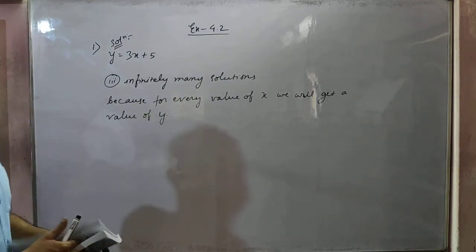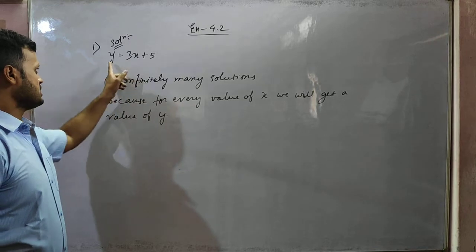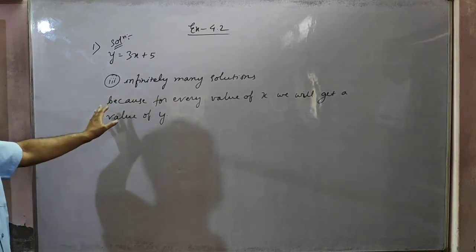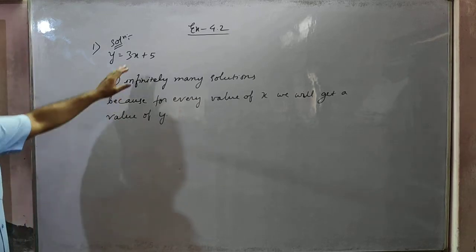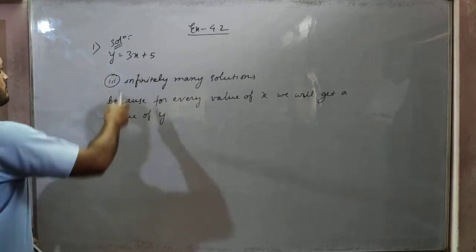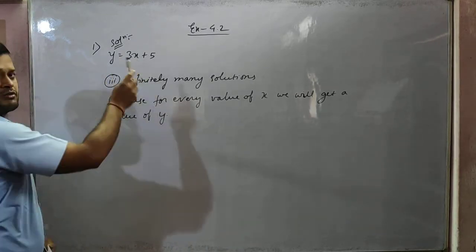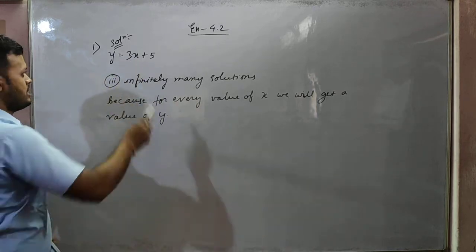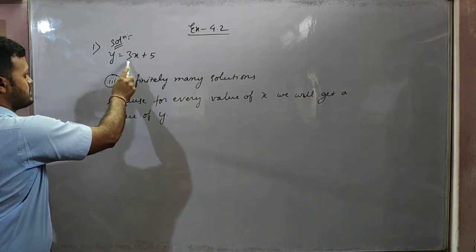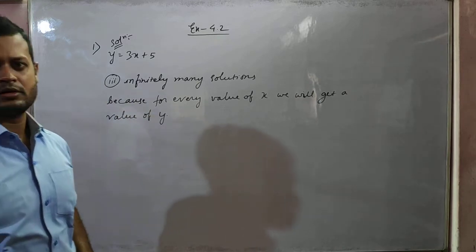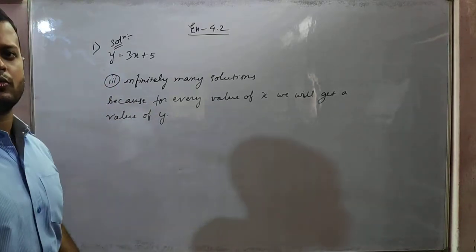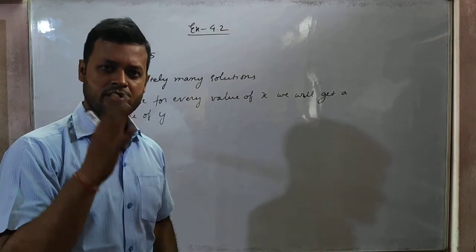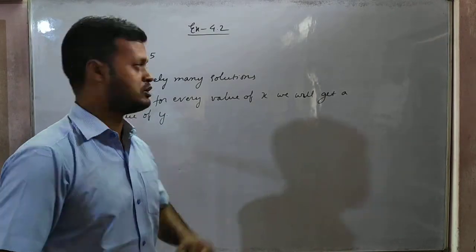So this equation has infinitely many solutions, because for every value of x we will get a value of y. Whatever value of x you put here, if you put 1, then 3 into 1 will become 3, 3 plus 5 will become 8. You put 2, 3 into 2 is 6, 6 plus 5 is how much? 11. So y is equal to 11. This way, whatever you put in place of x, for each and every value you will get a value of y.